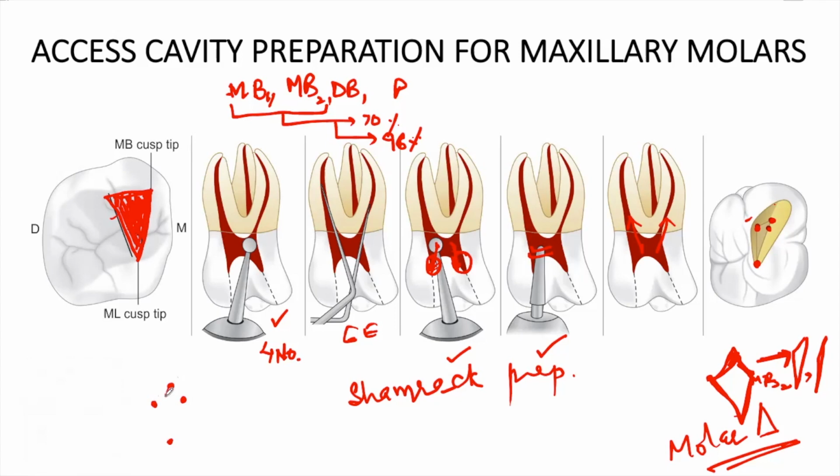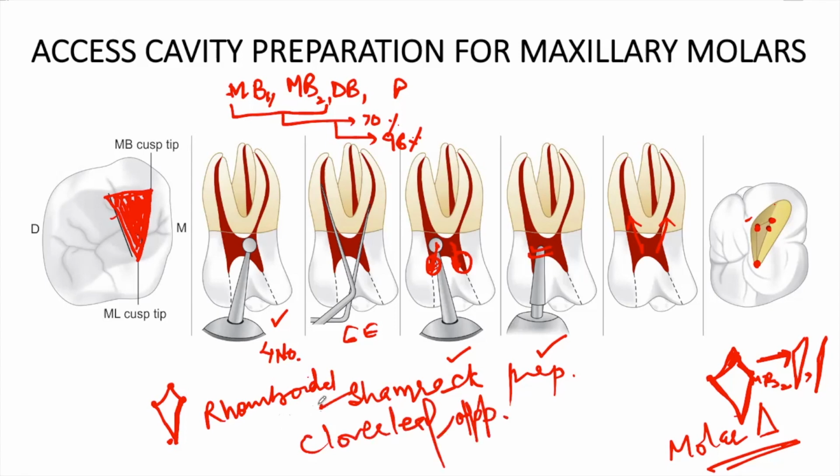In lieu of searching for MB2, rather than extending the whole wall mesially, just extend the preparation like this to avoid over preparation. So, by this, the access cavity preparation requires a rhomboidal shape. He recommended the extension of only that wall, which results in the clover leaf appearance, which is known as shamrock preparation.